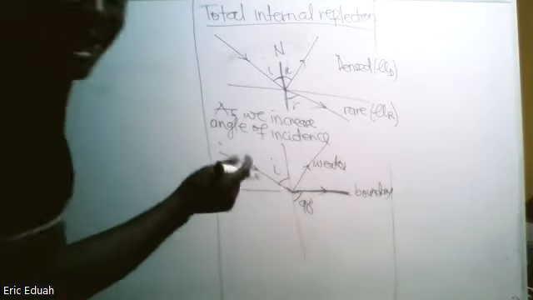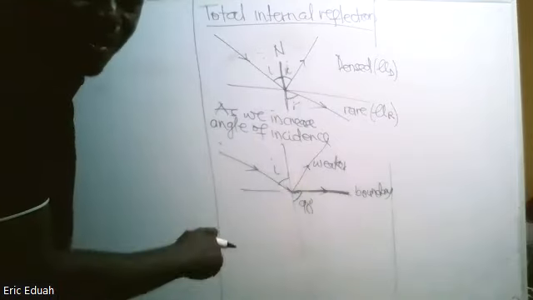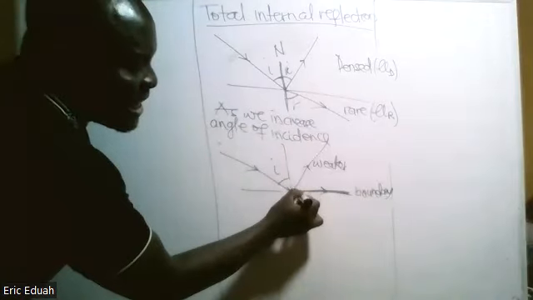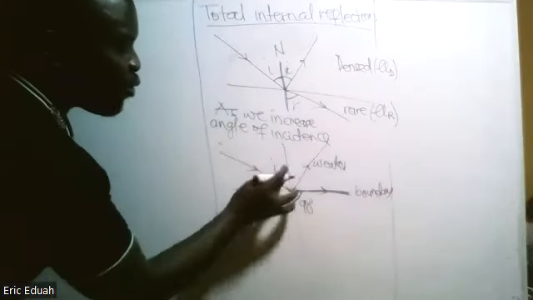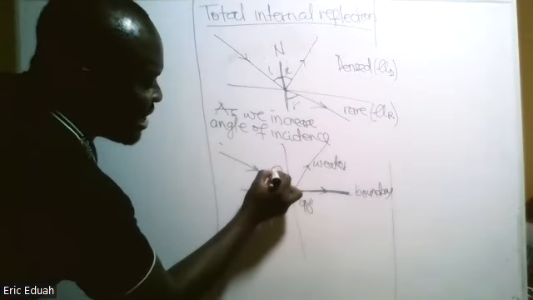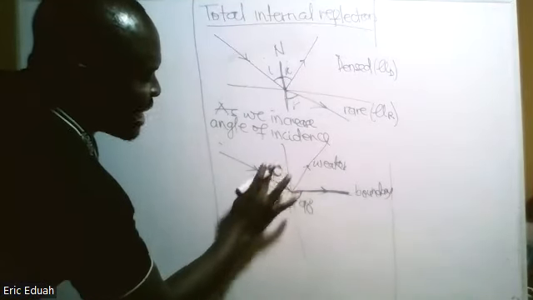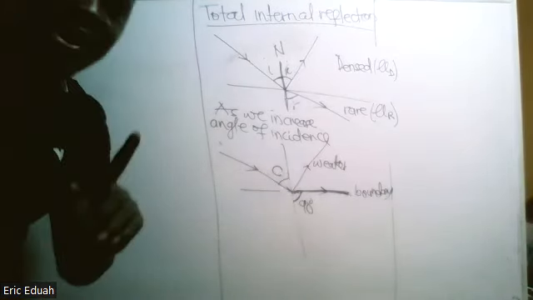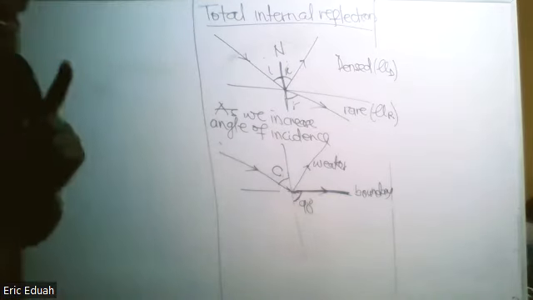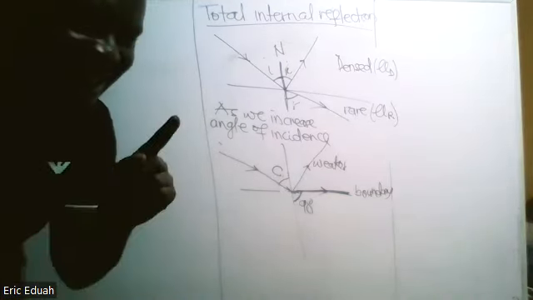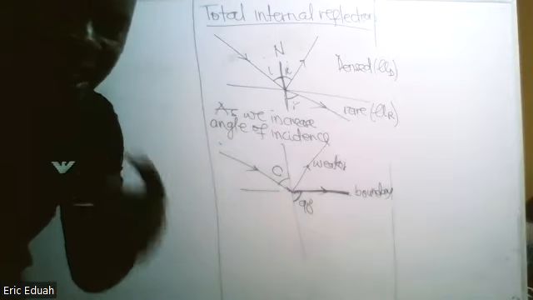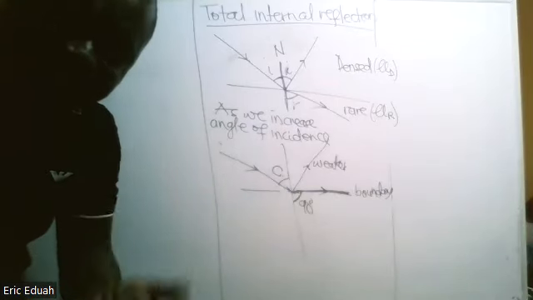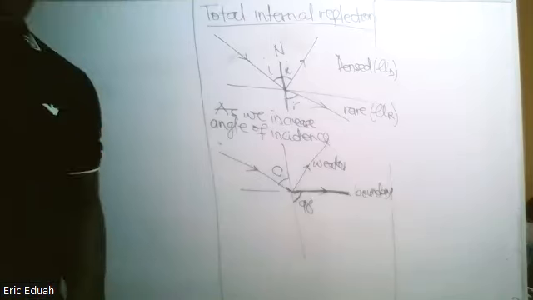Now, the angle of incidence in the denser medium that gives an angle of refraction of 90 degrees in the less dense or rare medium is what we call the critical angle, represented by the letter C. We define the critical angle as the angle of incidence in the denser medium that gives an angle of refraction of 90 degrees in the less dense medium or the rare medium.